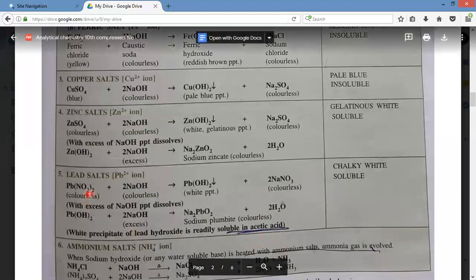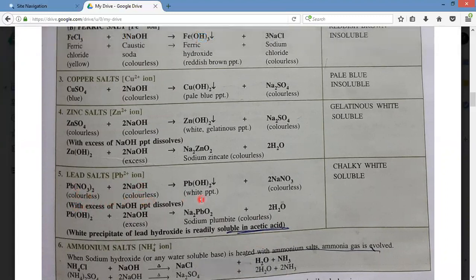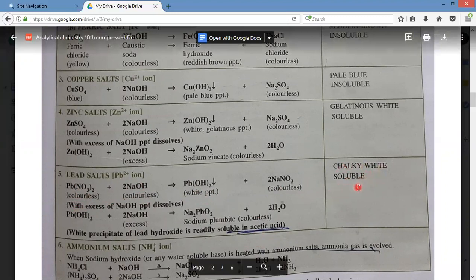Next is lead salt. Lead nitrate, colorless in nature, treated with sodium hydroxide, which is colorless in nature, leads to a white precipitate of lead hydroxide with sodium nitrate, which is colorless in nature. In excess of sodium hydroxide, this will give a chalky white soluble solution.